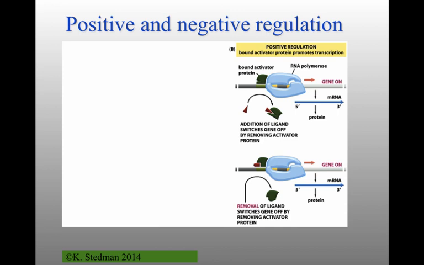Curiously enough, Jacob Monod, who came up with that idea of the operon model, they were not convinced, particularly Monod, who apparently one of my professors in graduate school gave one of his very first talks at a scientific meeting where he actually talked about this kind of positive regulation.